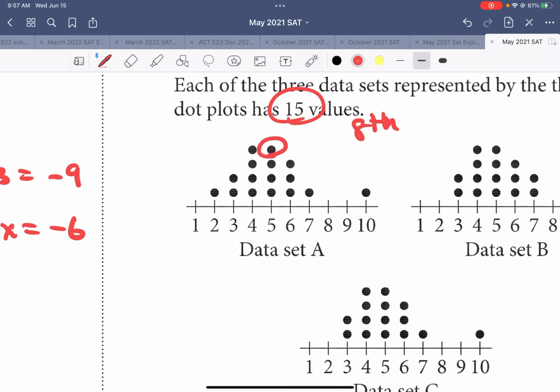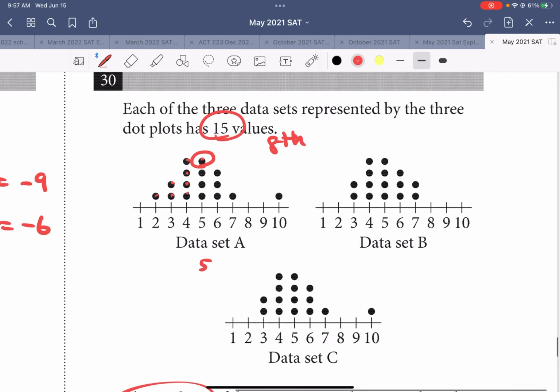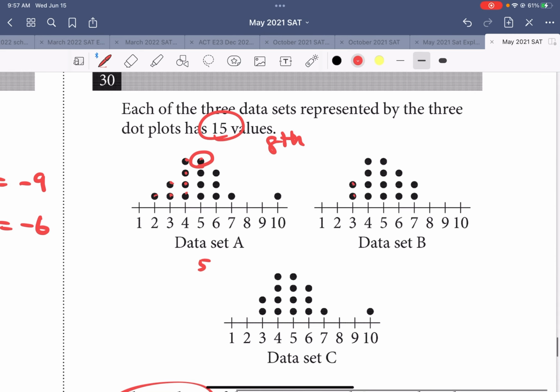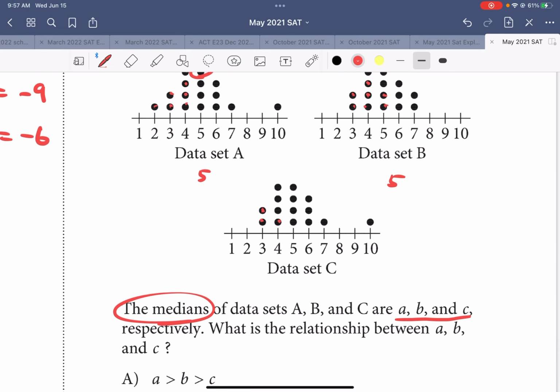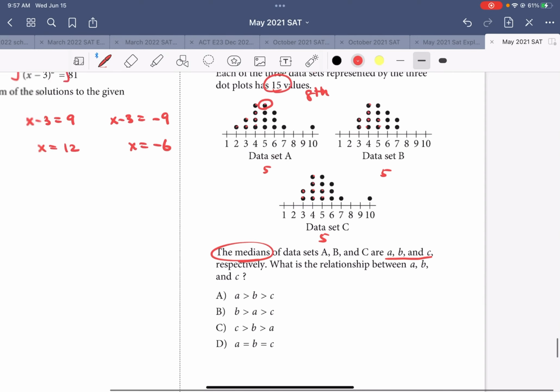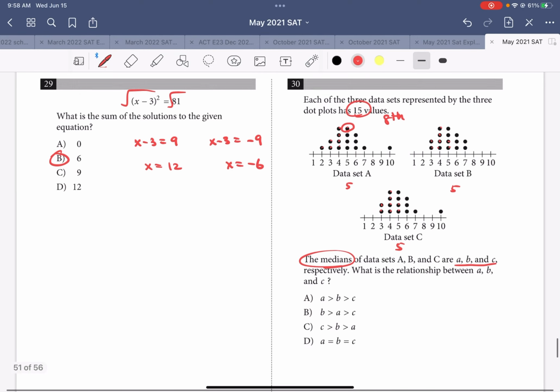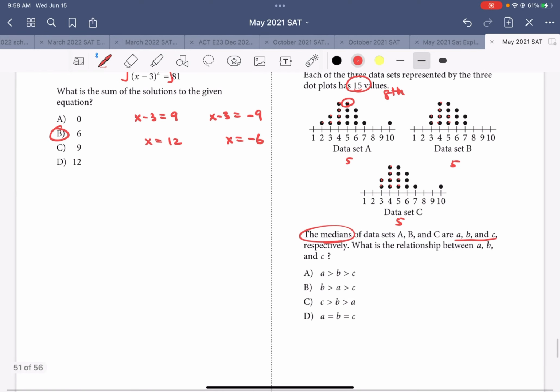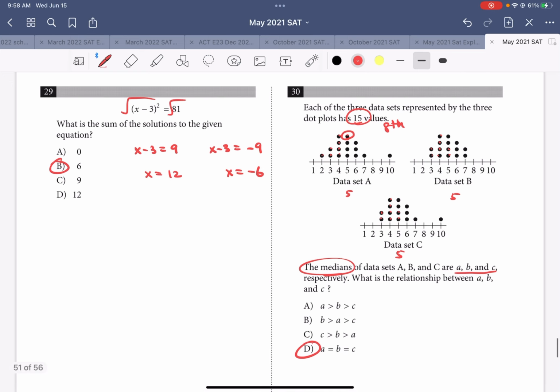When you count it, 1, 2, 3, 4, 5, 6, 7, 8. So median is a 5, and same way 1, 2, 3, 4, 5, 6, 7, 8. So 5 again. 1, 2, 3, 4, 5, 6, 7, 8. So that's a 5 again. So median for those three sets, they are the same, equal. So answer should be D.